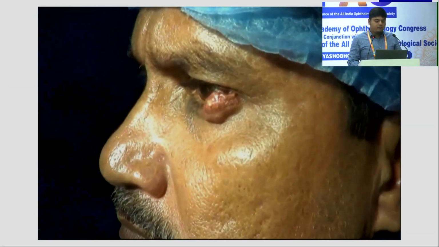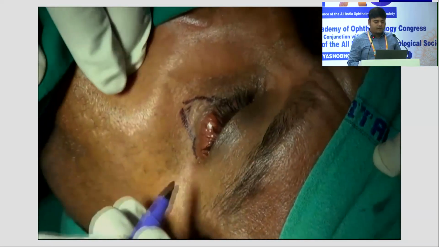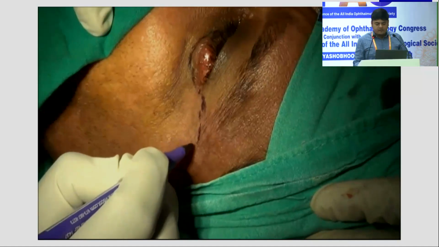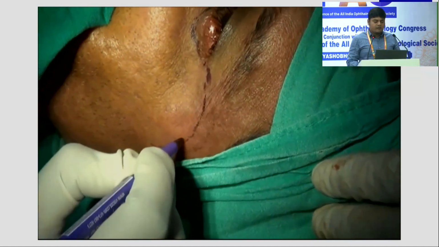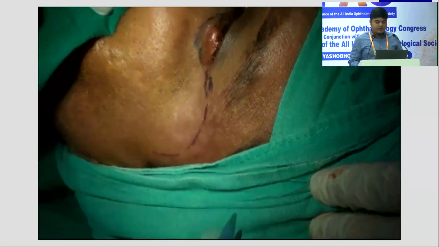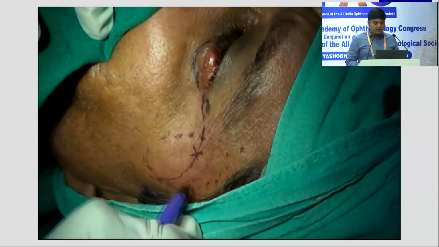This is a patient with a lower lid tumor, most likely malignant, with more than 50% involvement. Now we'll mark the proposed incision, as I already said, over the zygomaticotemporal region. From the highest point, we'll draw our ellipsoidal area.